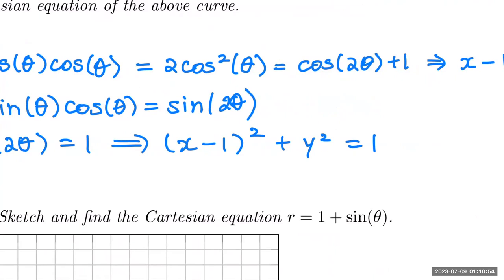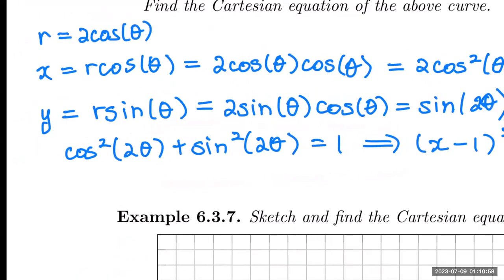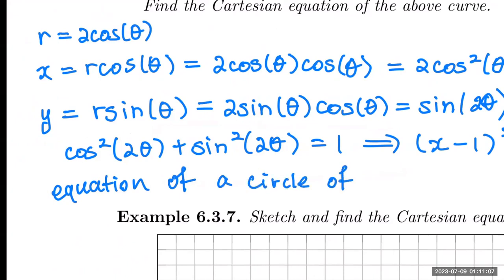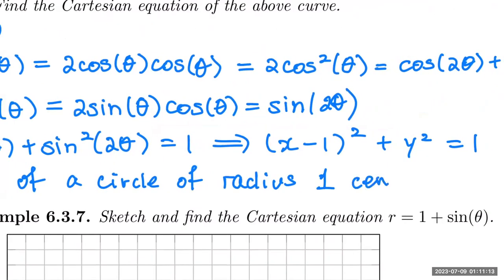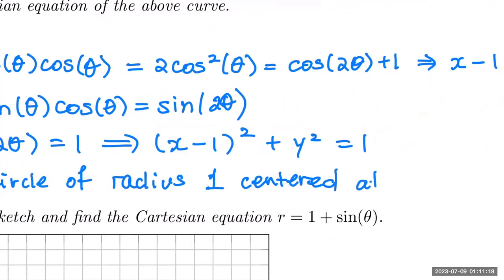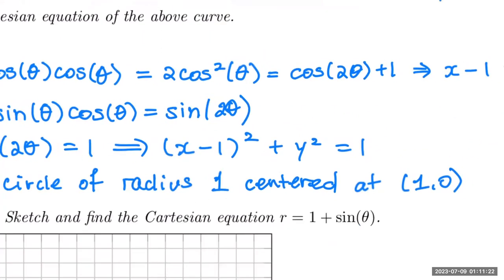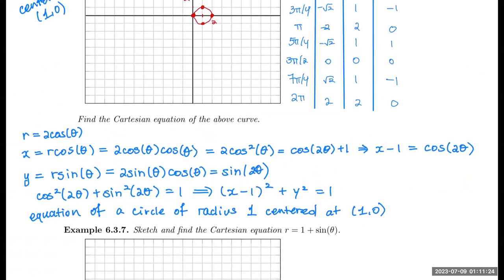This is the equation that you should obtain, which is indeed the equation of a circle of radius 1 centered at (1, 0). Okay, so that's for the first one.